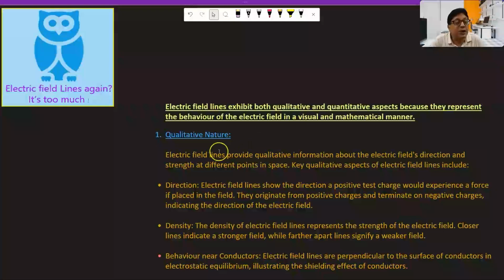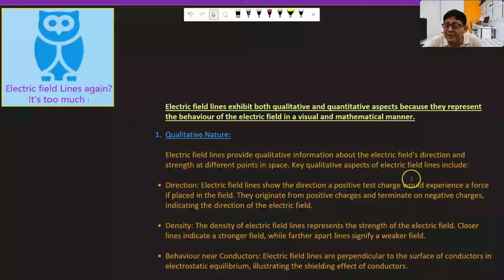So let us know what is the qualitative nature of electric field lines. Electric field lines provide qualitative information about the electric field's direction and strength at different points in space. This we have seen in the previous session.